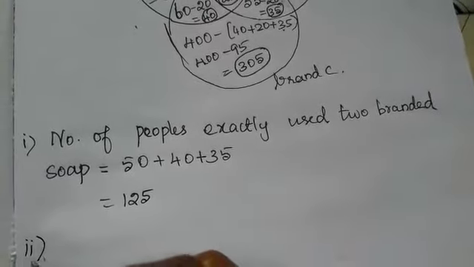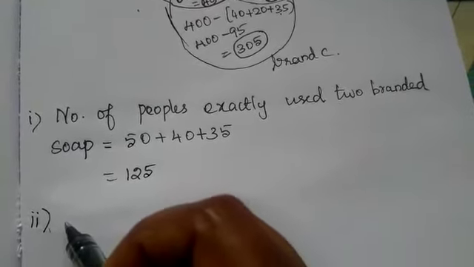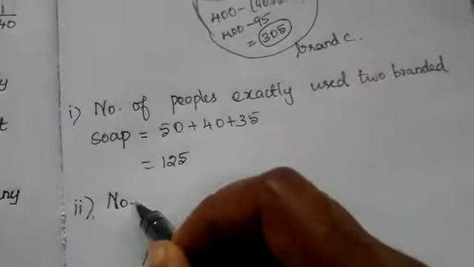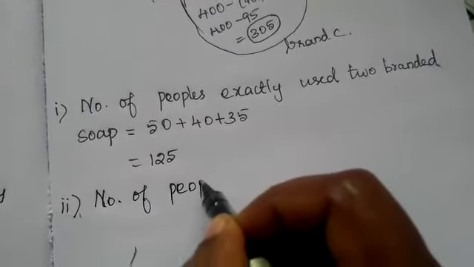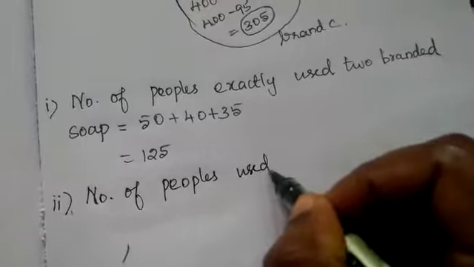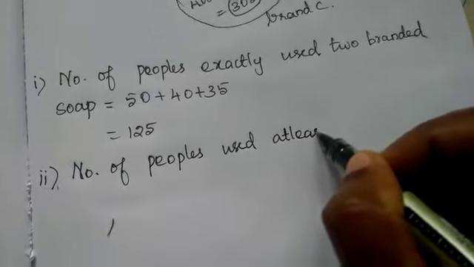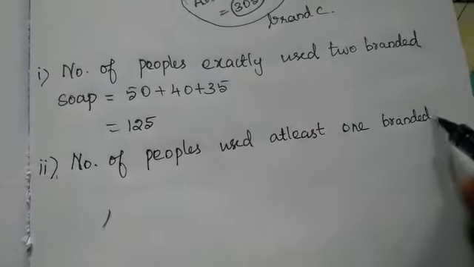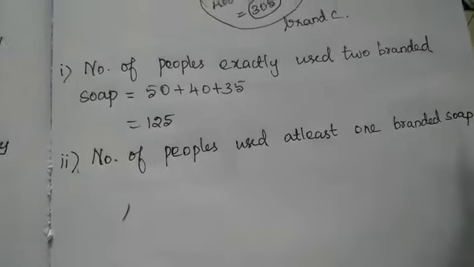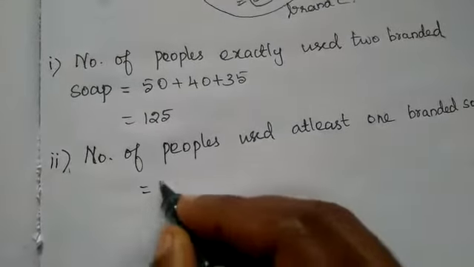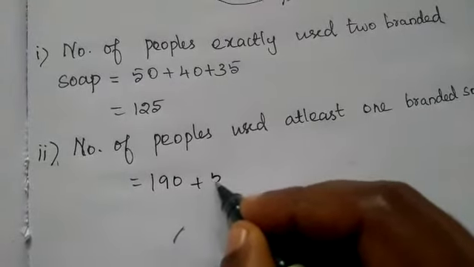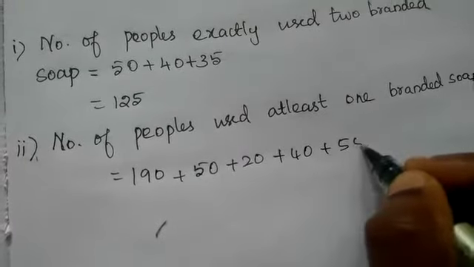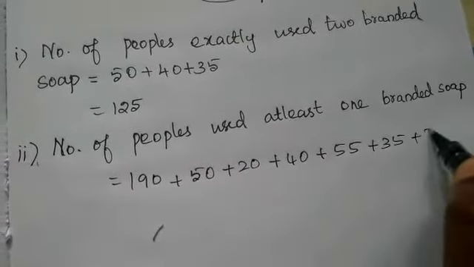Next question is the number of people who use at least 1 brand. At least one means everyone who uses one or more will come, right? Number of people who use at least one branded soap is how many? 190 plus 50 plus 20 plus 40 plus 55 plus 35 plus 305.